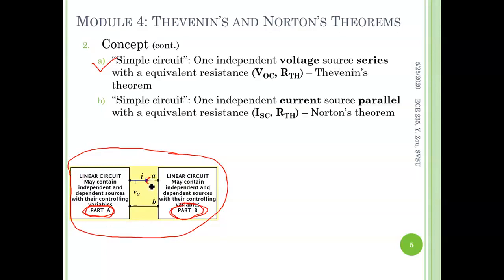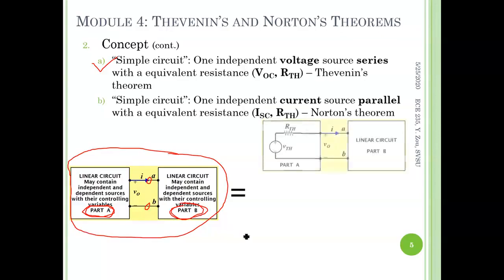Their connection is obviously two terminals, A and B. Given a problem, you first need to clarify which is part A and which is part B, and then go ahead to find the Thevenin or Norton equivalent circuit.